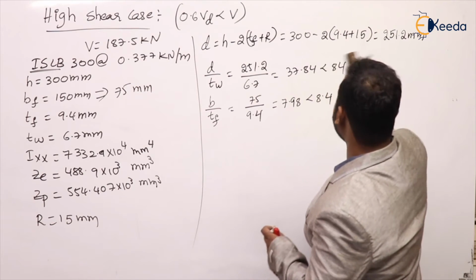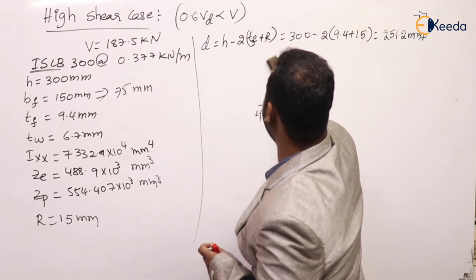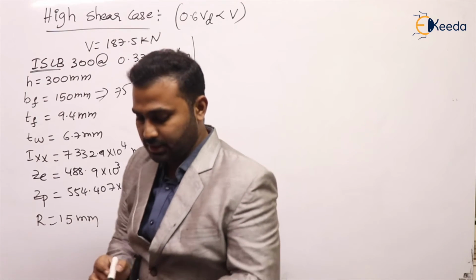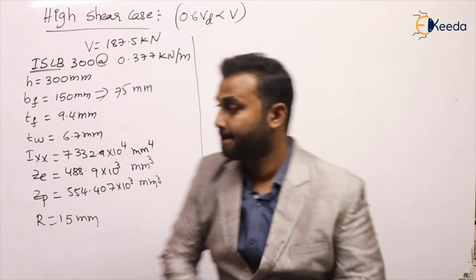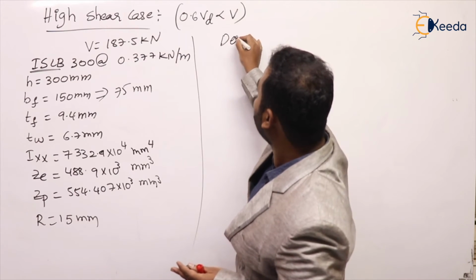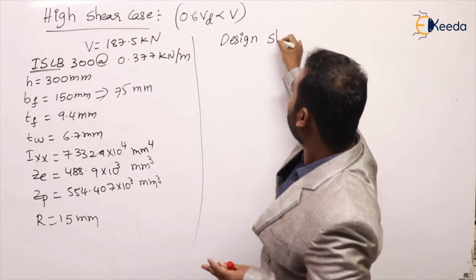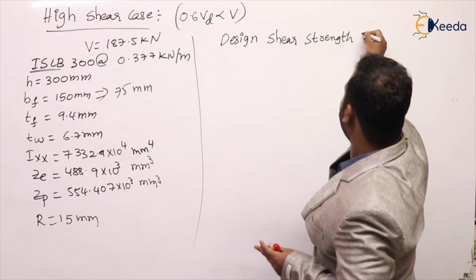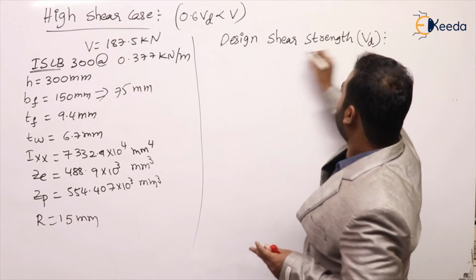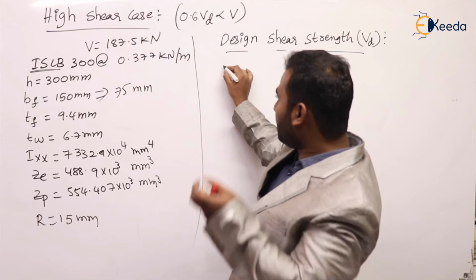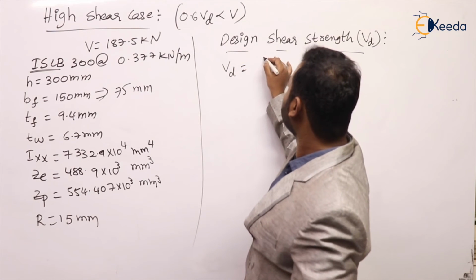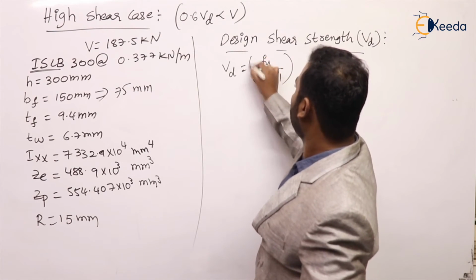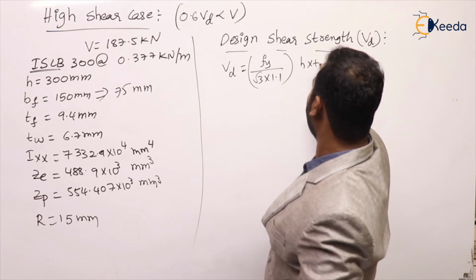Design shear strength. Okay, second step is design shear strength, that is VD. So VD, as we know the formula for VD, so VD is equal to Fy by root 3 into 1.1 into H into TW, right?